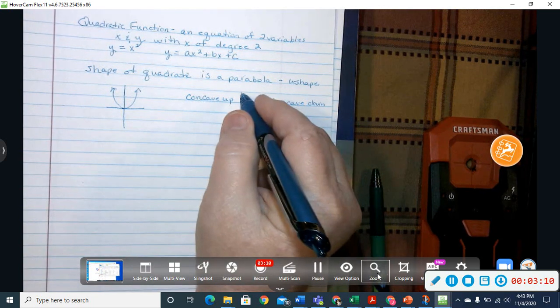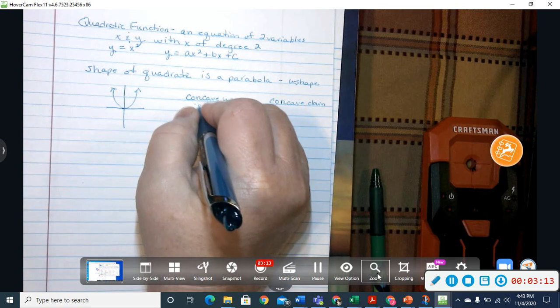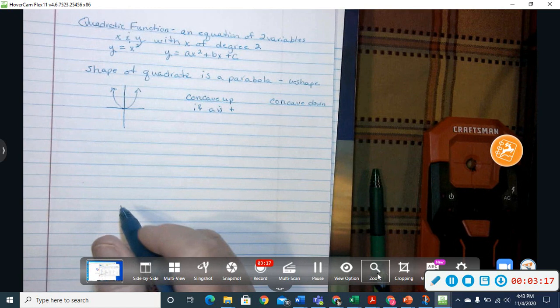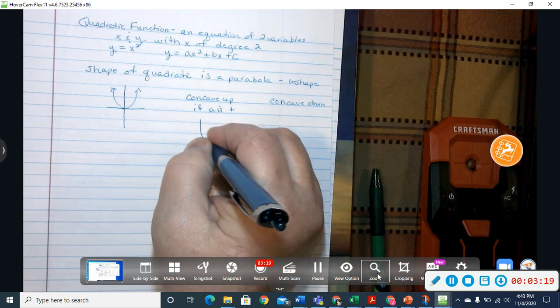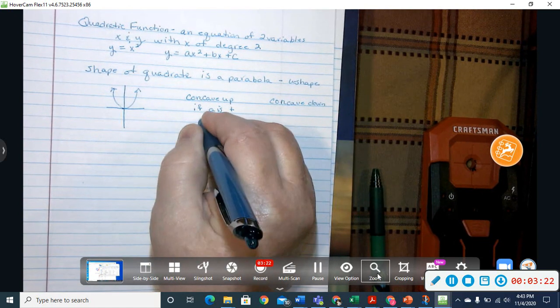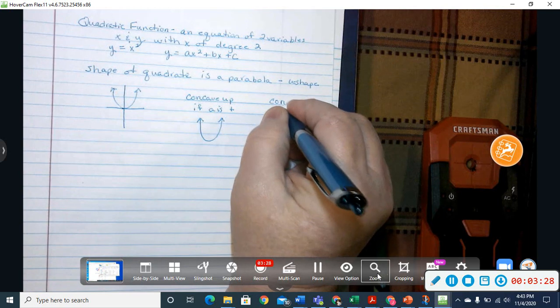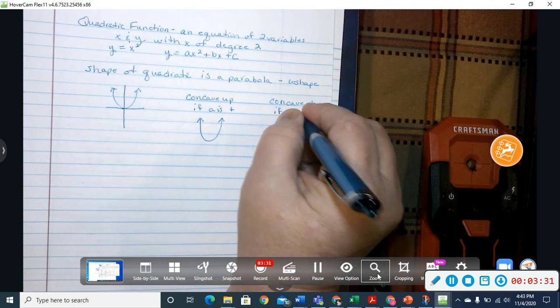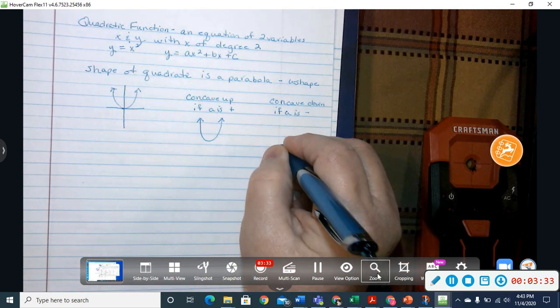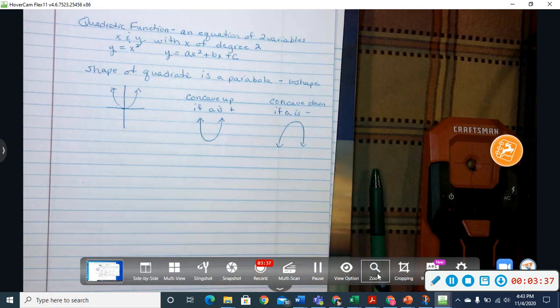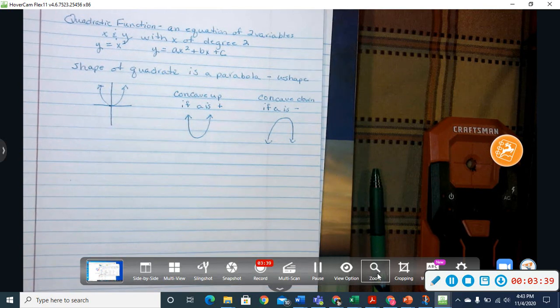If the a value is positive, then the parabola is going to open up, and so we say it is concave up because it's opening up. If the a value is negative, then our parabola is going to turn upside down and open down, and so we say that our parabola is concave down.